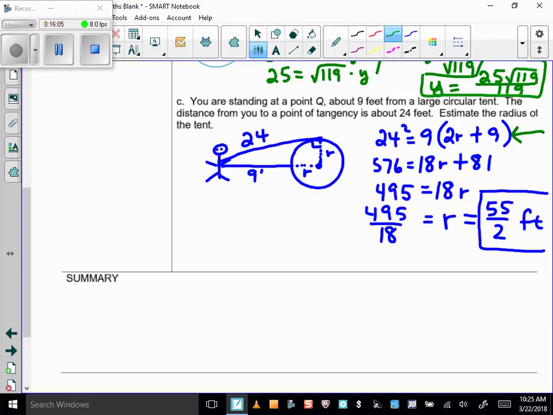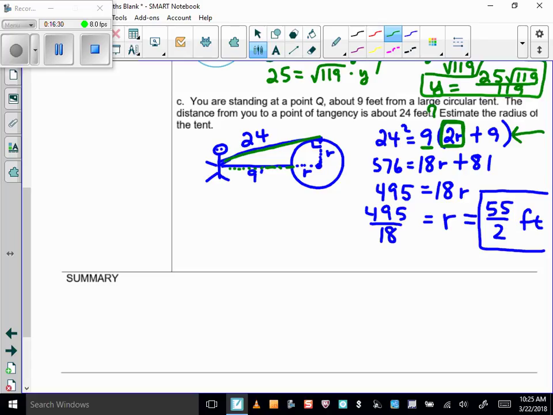What I did is I applied the new theorem that we learned, right? And so I got outside times the whole, so 24 squared here equals the outside, which is 9 down here, times the whole, so that's 9 plus 2r. Where does this 2r come from?